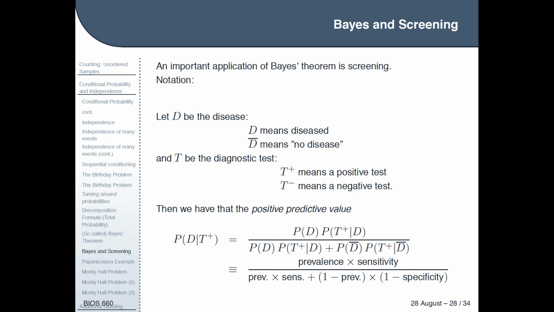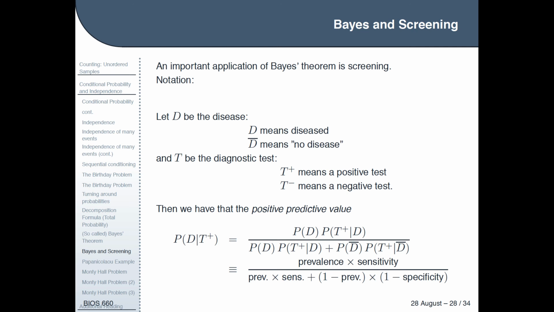T plus means the test is positive. T minus means that it's a negative test. And this example here is based on some actual numbers on a diagnostic test for cervical cancer. And one of the things you want to know about these tests is the positive predictive value.